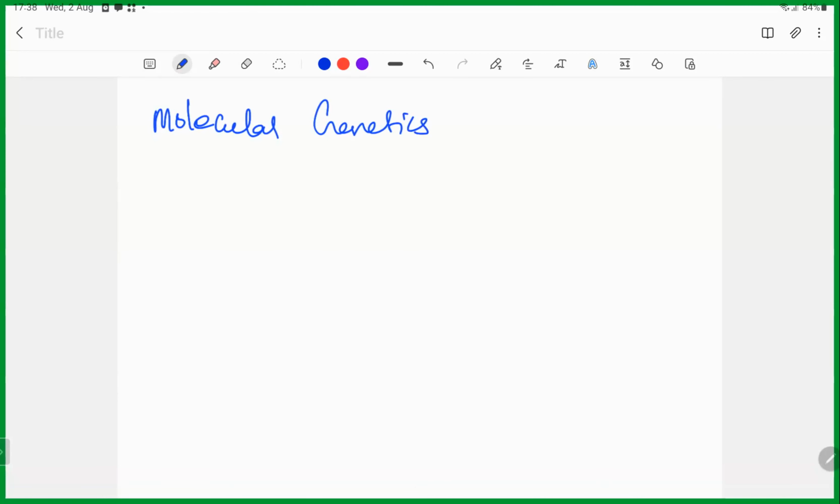Can you see that? So it's called molecular genetics. See, what is genetics then? Genetics, the study of inheritance and variation.